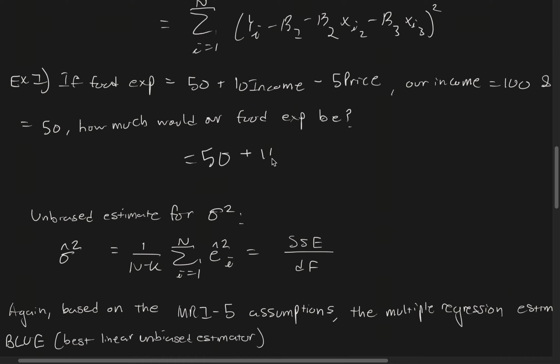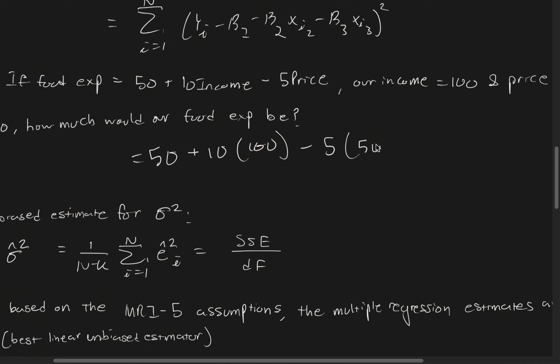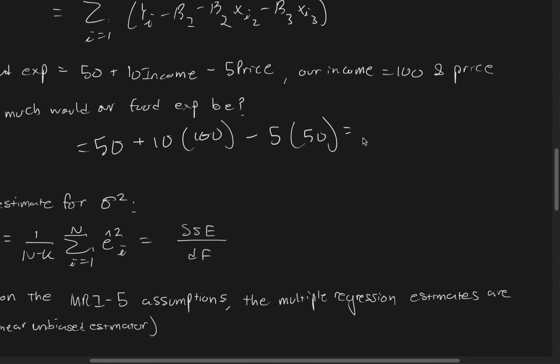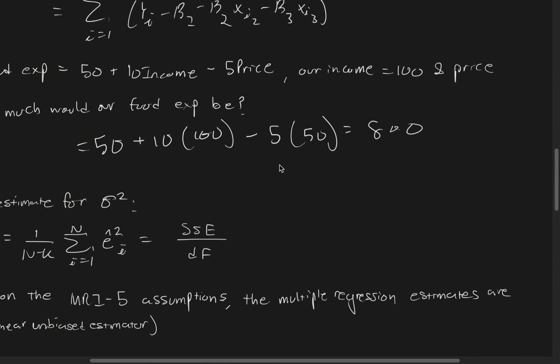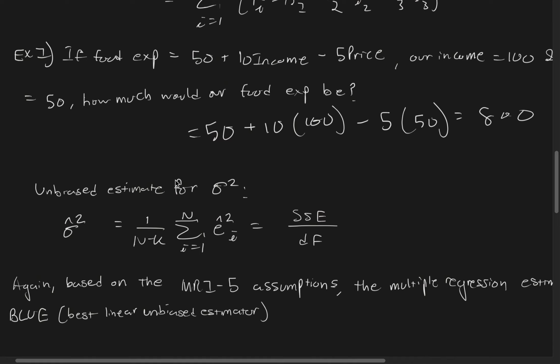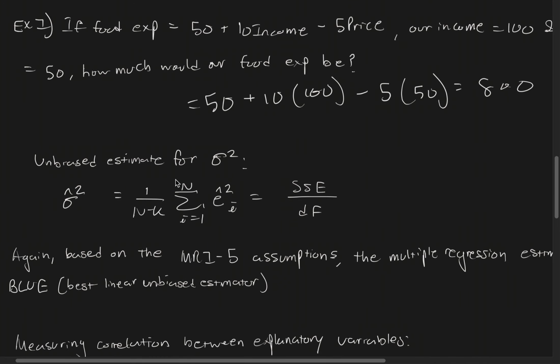So 50 plus 10 times 100, minus 5 times 50. This is 1,050, and then minus 250, so 800.